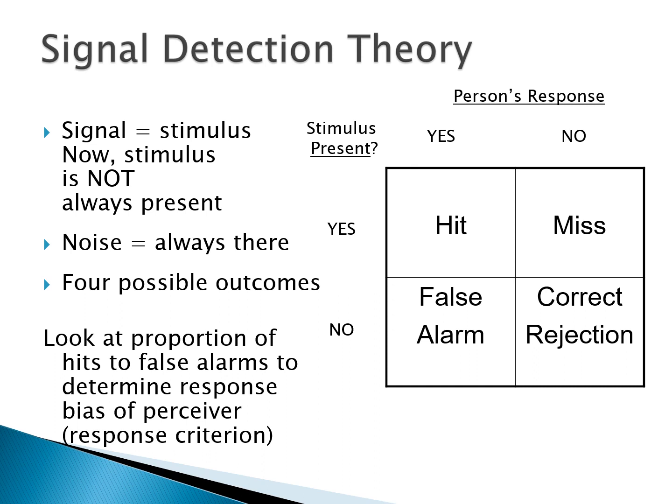And if we can find a way to manipulate that response criterion, we can get a better idea. So in studies, they do this by offering money to people and changing the outcomes. We can get a better idea of their actual absolute threshold.